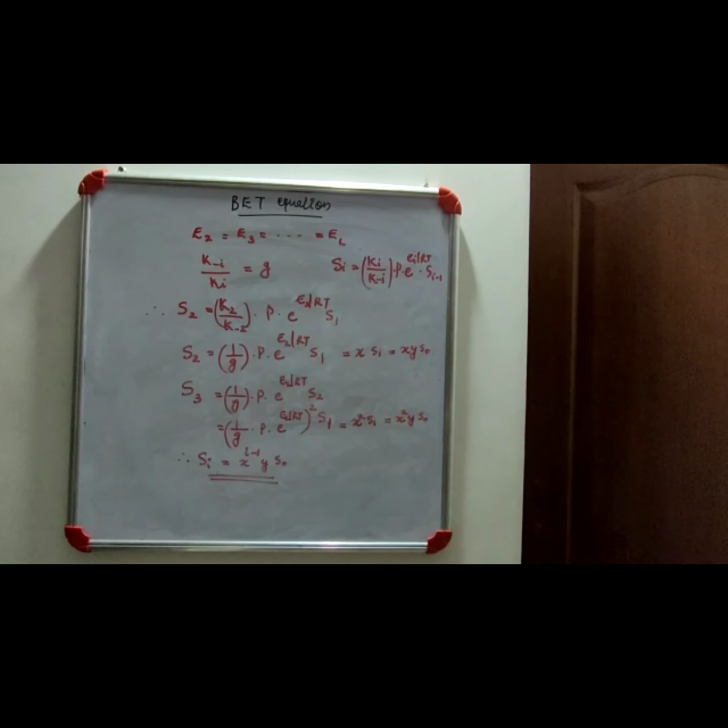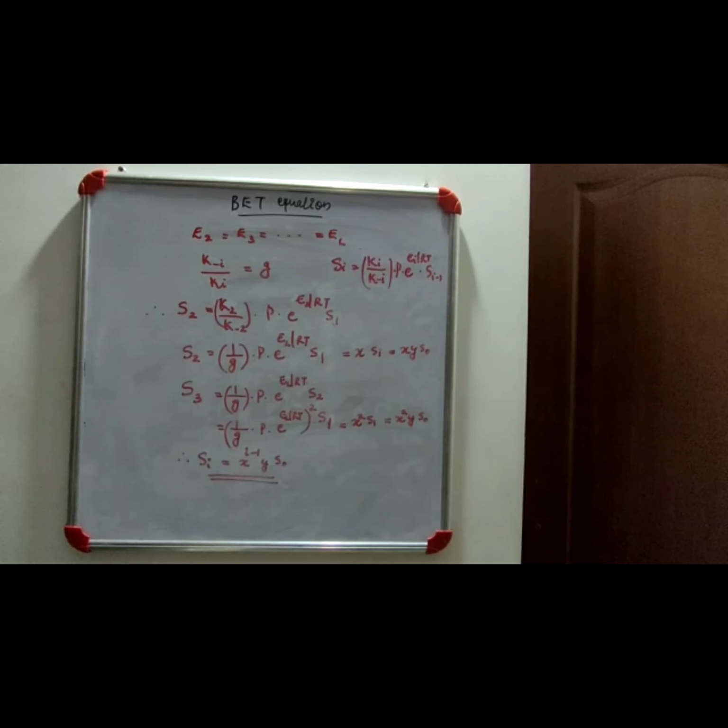Here K2 by K inverse can be replaced by 1 by G. Then E2 can be replaced by EL. So all these constants can be taken as X. That is, X is equal to 1 by G P into E raised to EL by RT. So we get S2 as X into S1.